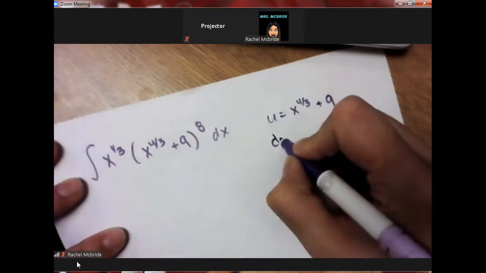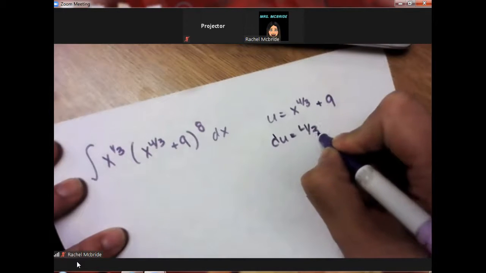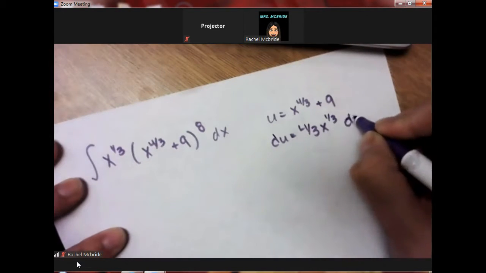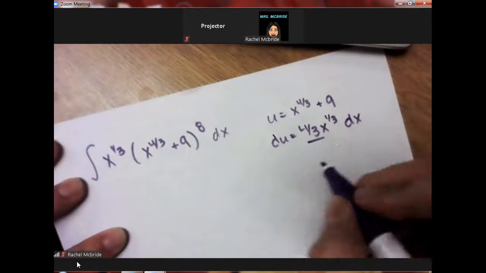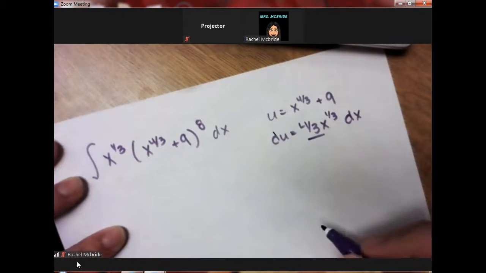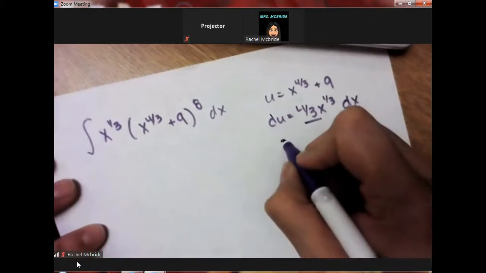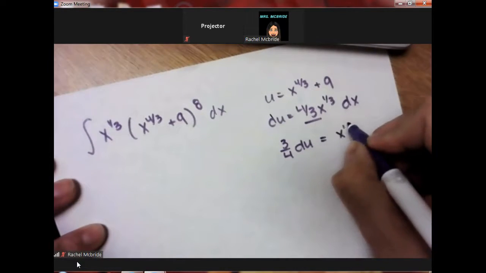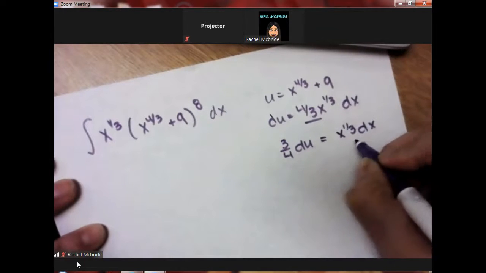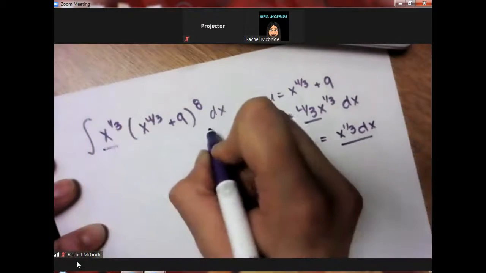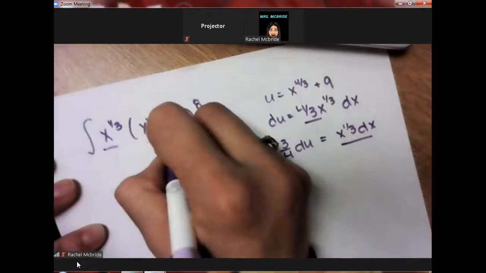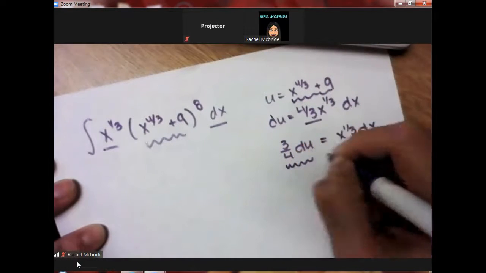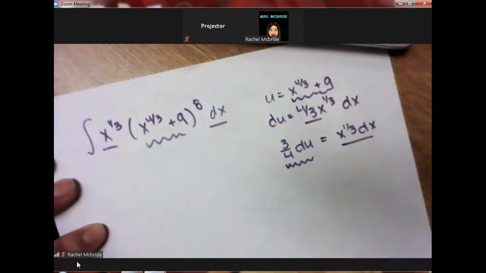Your derivative is 4/3 x, subtract 1 away. The 4/3 doesn't match, so we multiply both sides by its reciprocal. So you replace the x to the 1/3 dx, you replace the u, and you put your 3/4 du out in front.